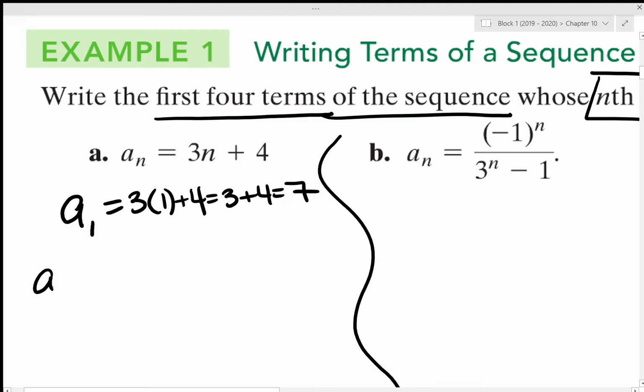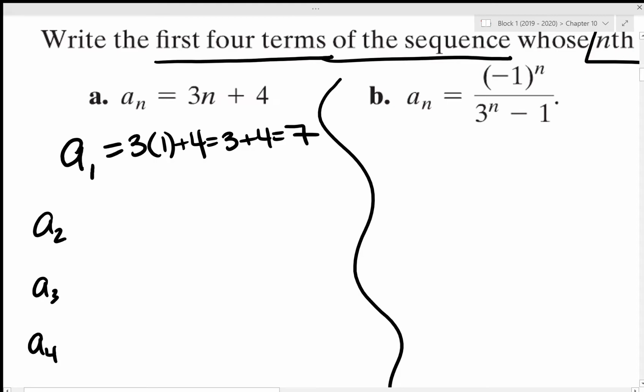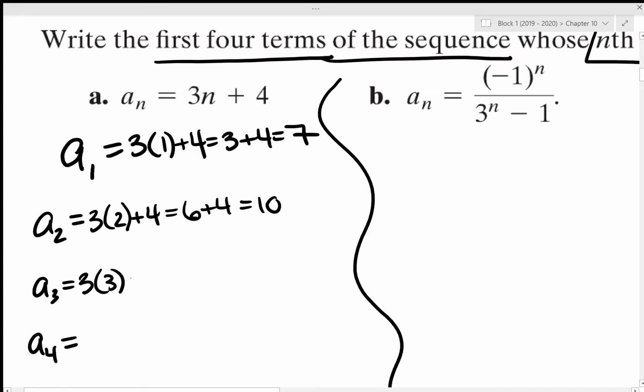Now we've got to find the second, the third, and the fourth. The second one will be 3 times 2 plus 4. So 6 plus 4, we get 10. The third term is 3 times 3 plus 4. So 9 plus 4 equals 13. And then 3 times 4 plus 4.